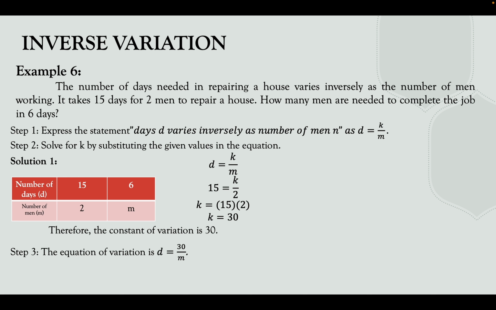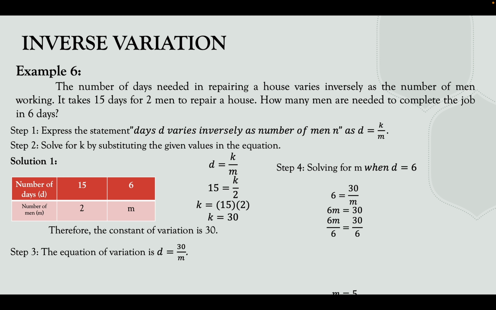Now, to find the number of men needed to accomplish the house in 6 days, we will substitute the given value when solving for M. When D equals 6, substitute 6 as D. So we have 6 equals 30 over M. Cross multiply, and you will get 6M equals 30.